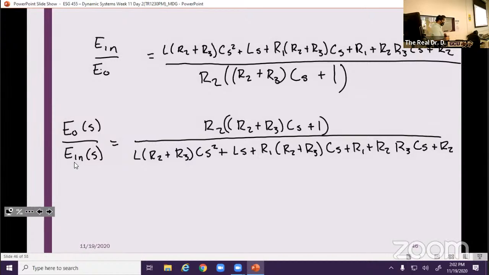So hey, look at that. We ended up with a second order differential equation on the bottom, which we should have expected because we've got two energy storage elements.